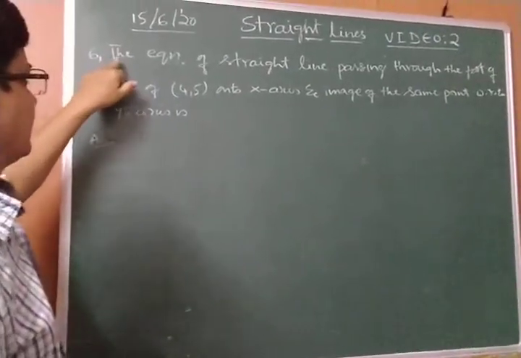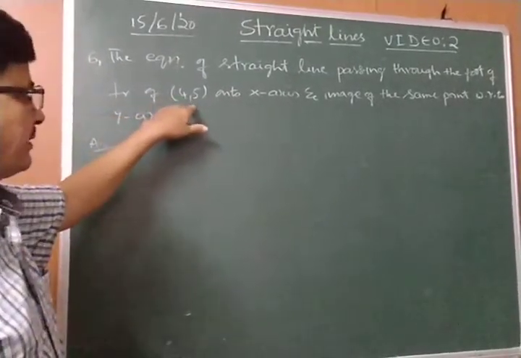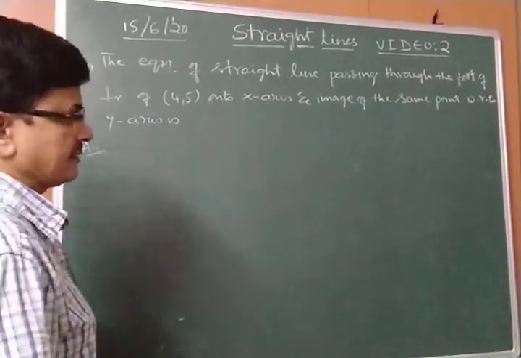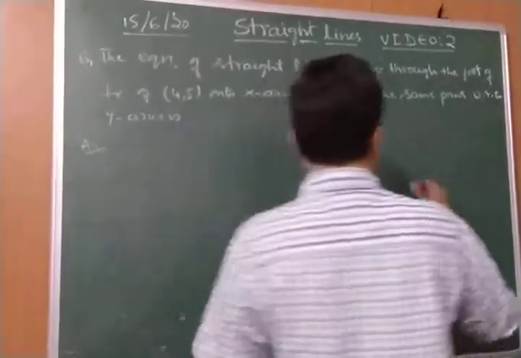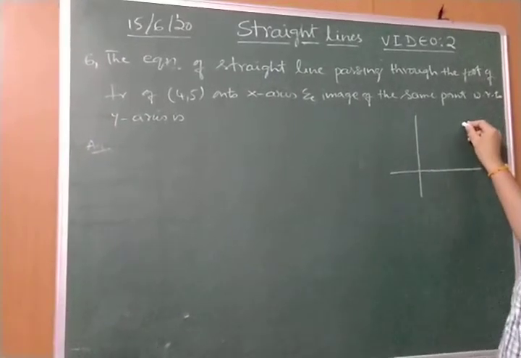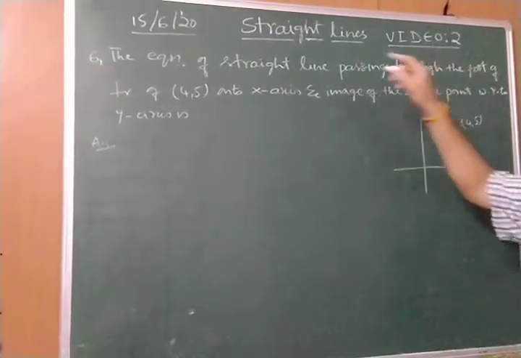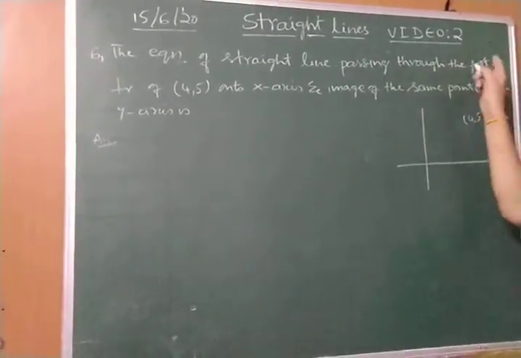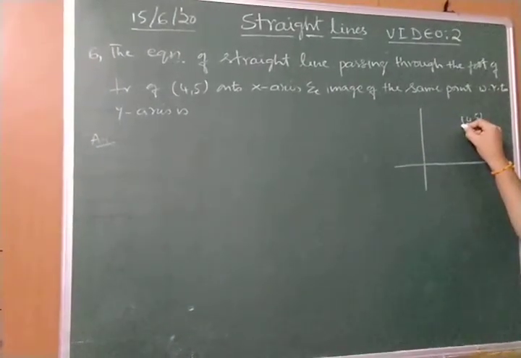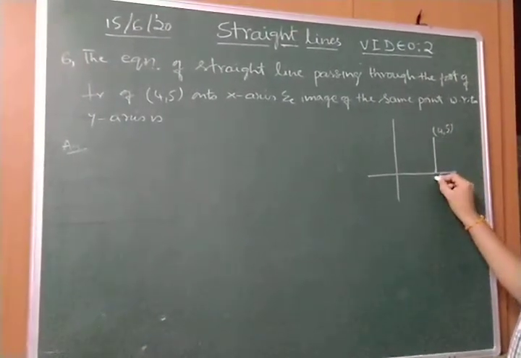Question number 6. The equation of the straight line passing through the foot of the perpendicular of (4, 5) onto the x-axis and the image of the same point with respect to the y-axis. So we take a diagram. This is the coordinate axis. The given point is (4, 5).